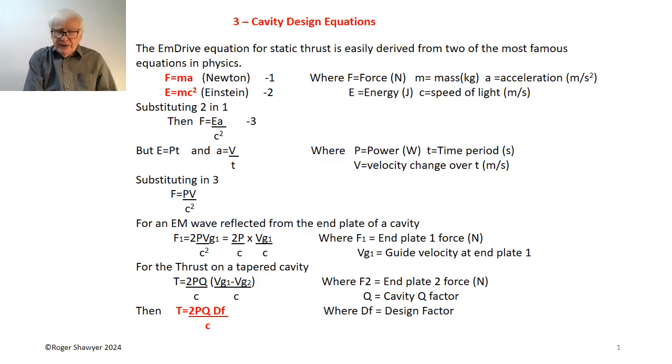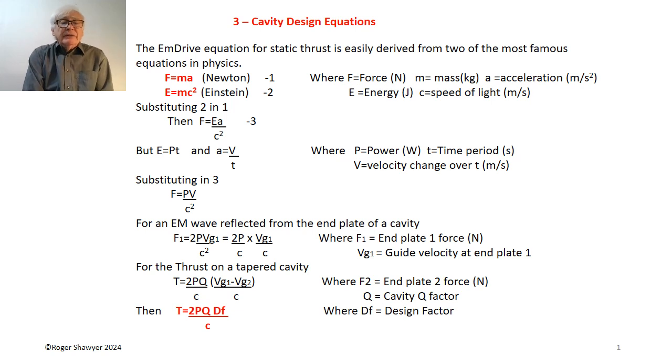If the plate was completely absorbent of the power being transmitted into the plate, then it would be simply F equals P over c. But because it's being reflected with no loss, it is F equals 2P over c.